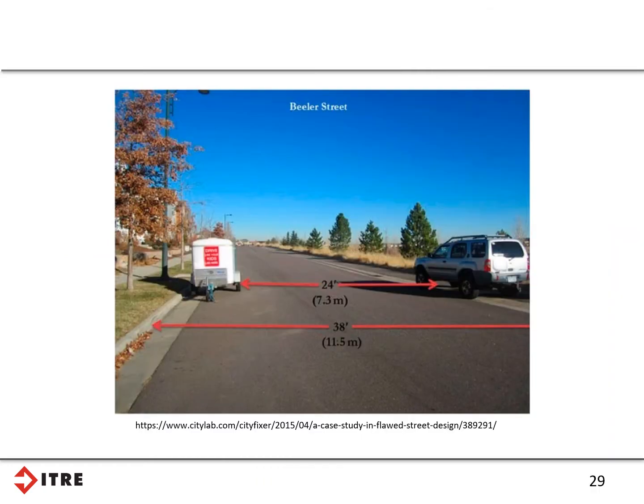Here's another example of testing something. This is also known as tactical urbanism. This is a neighborhood street that wanted to try to reduce the speeds. We can see it's a very flat, very straight roadway, a 38-foot curb to curb width.